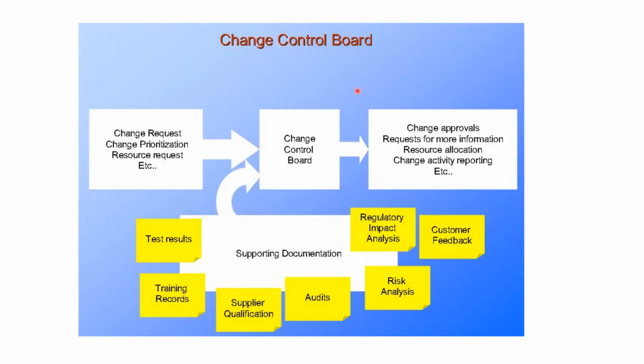These are the examples of a change control plan. The change control board receives the change request, and then it does activities like impact analysis and risk analysis. It demands supporting information, and then they decide whether to approve or not, what the resource allocation is, etc. So essentially, the change control plan will tell you how to organize all these things and how we can implement them.